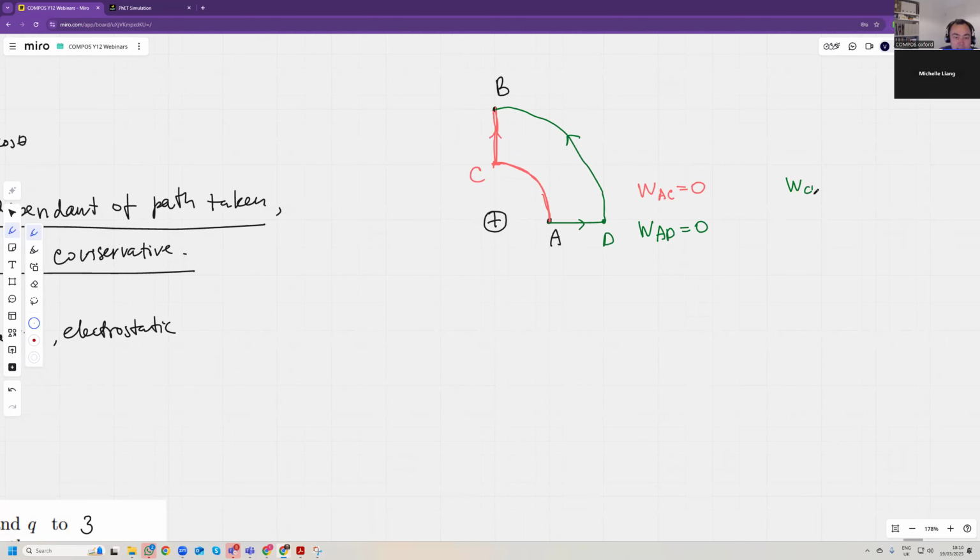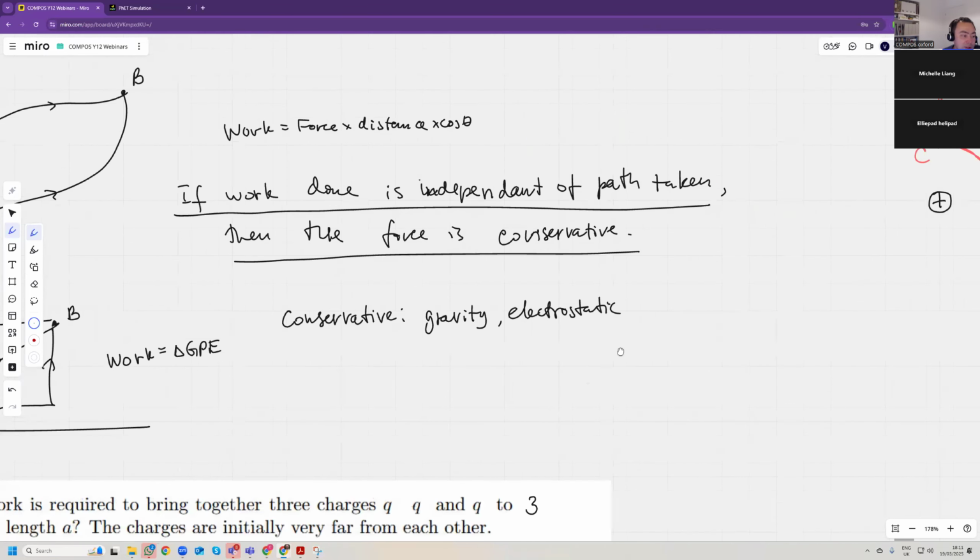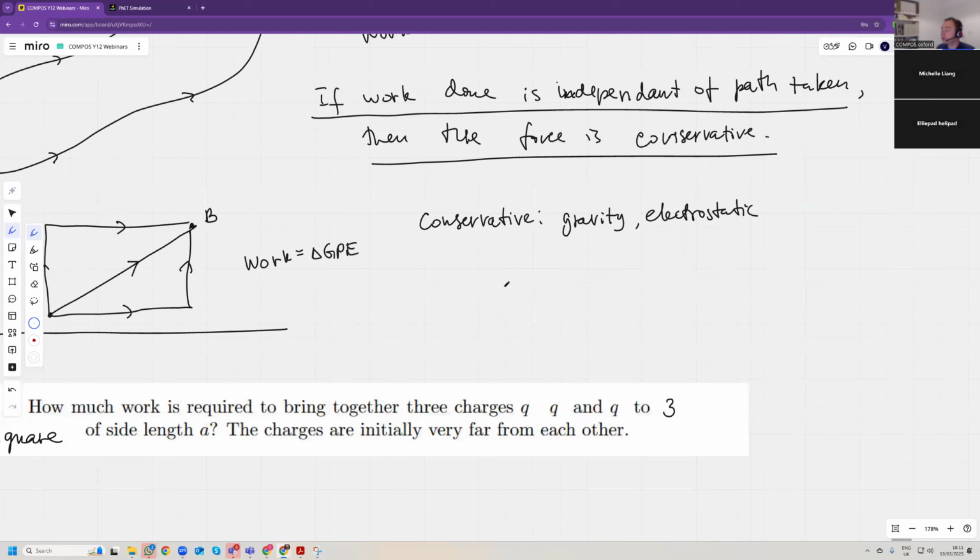And the work along CB is equal to the work along AD, because it doesn't matter whether you move from A to D or from C to B, the work done is the same. That means the work done along path ACB is the same as the work done along path ADB. So electrostatic force is conservative.